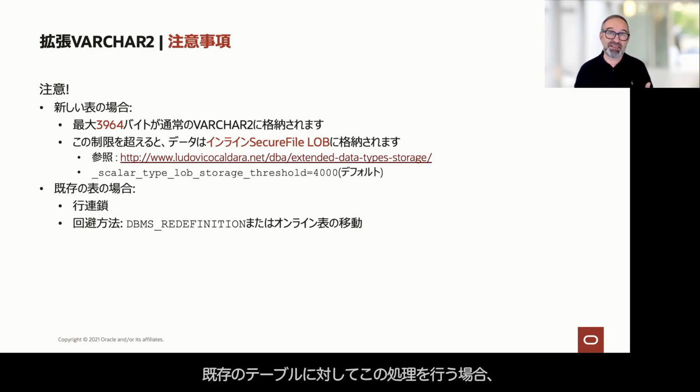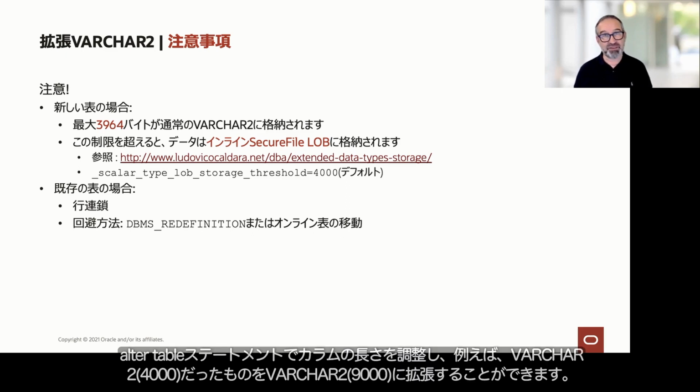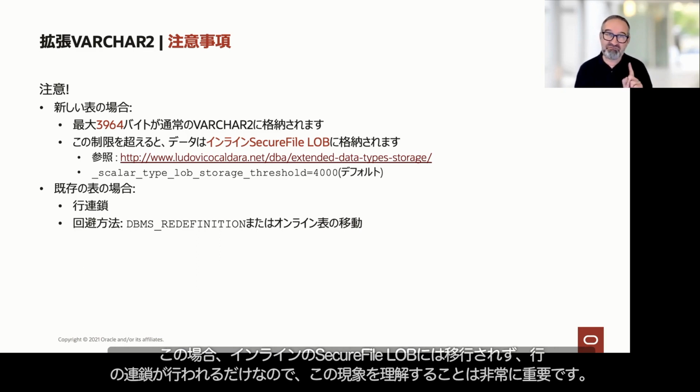If you do this now for an existing table, so you adjust with an ALTER TABLE statement the column length from, let's say it was a VARCHAR2 4,000, and now you extend it to VARCHAR2 9,000, it is very important to understand what happens here, because it won't migrate into an inline SecureFile LOB at this point.